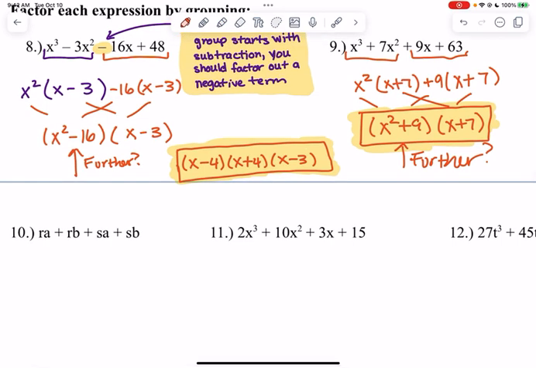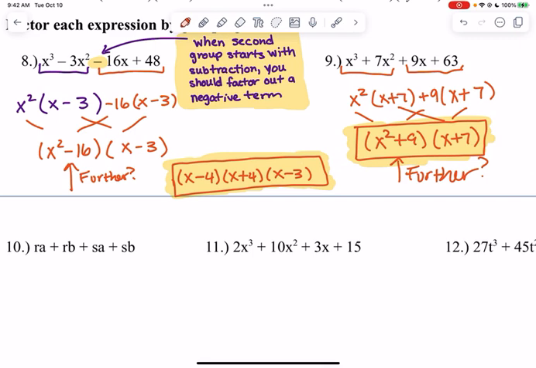Okay, how about number 10 on the next page? So, yes, there's no numbers, but you can still pull out the common thing, the common term. So between RA and RB, the common term is R, or common factor is R, leaves you with A plus B. Common term of SA plus SB, S. Part that you pulled out becomes a set.